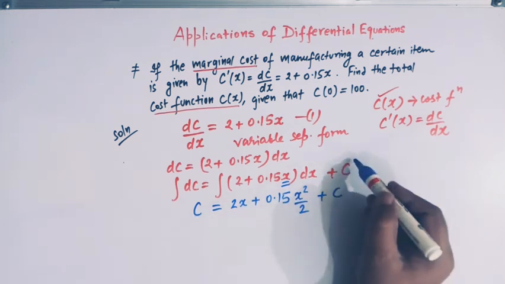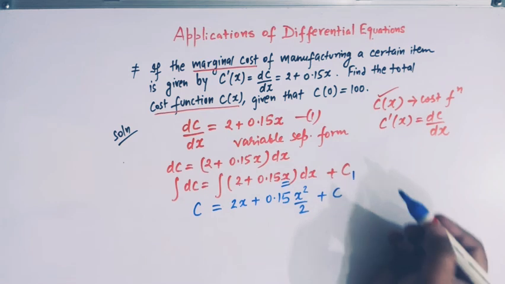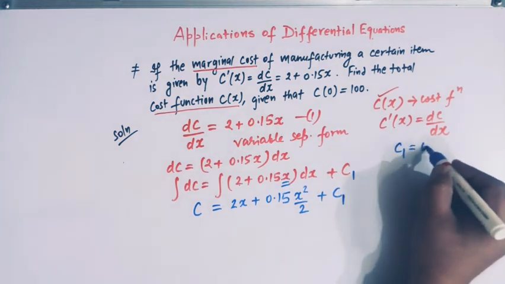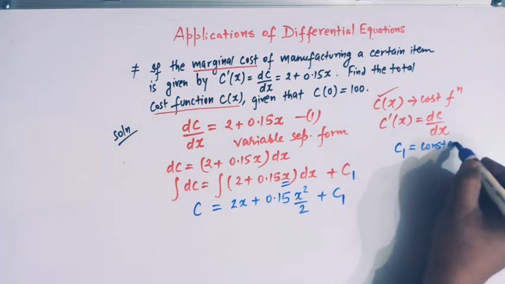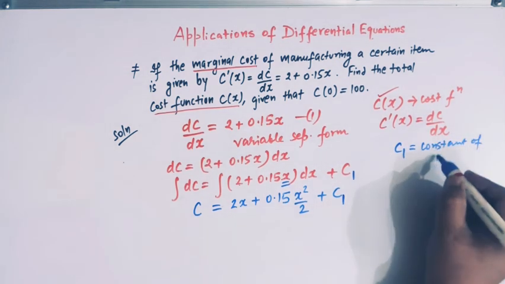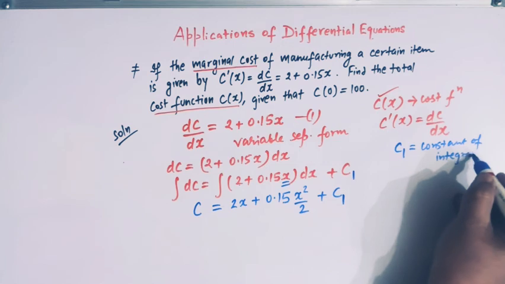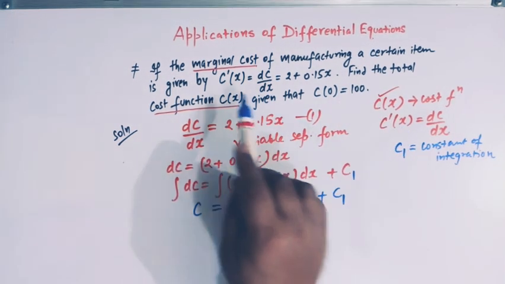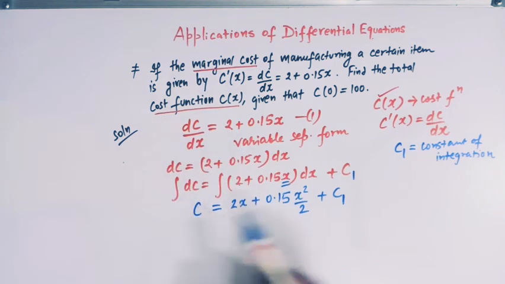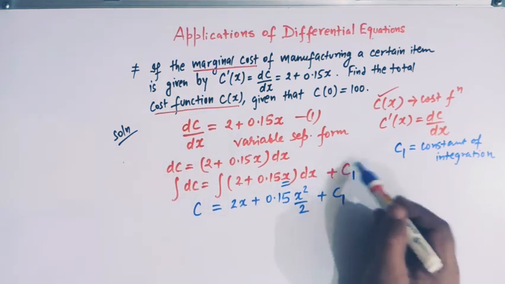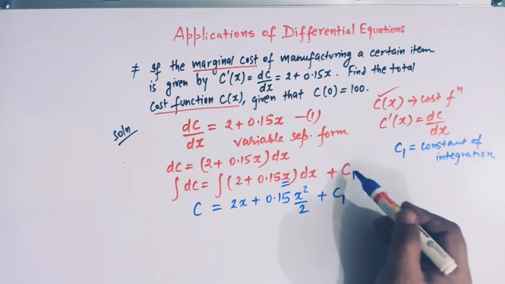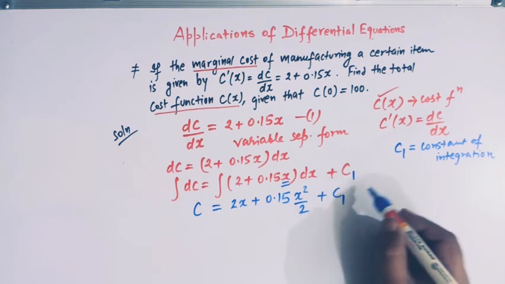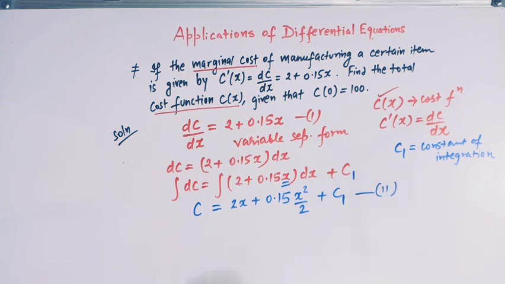So here we can write say c1 is the constant of integration, right? Because here we have denoted the cost function by c, so we are taking the constant of integration as c1 instead of c, right? So this is equation number 2.